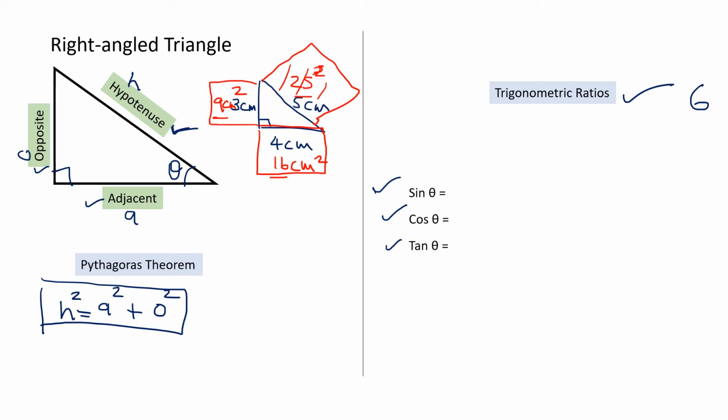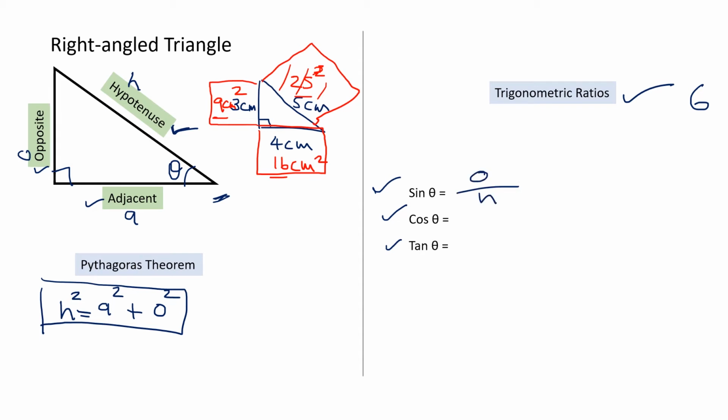If you refer to this image, sine theta: the ratio between the opposite side and the hypotenuse is called sine. So sine theta is equal to opposite divided by hypotenuse.